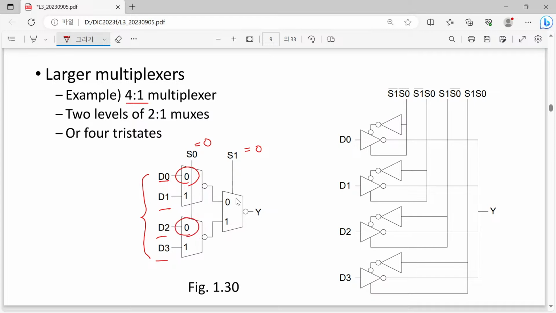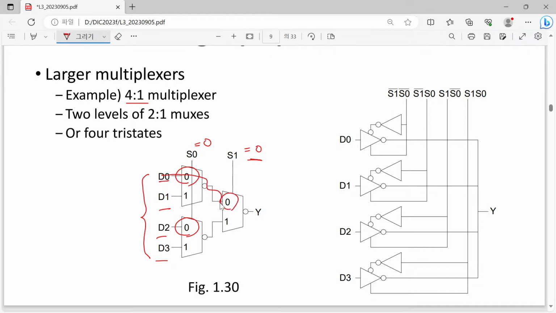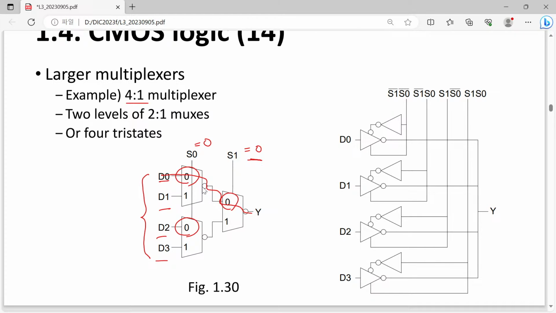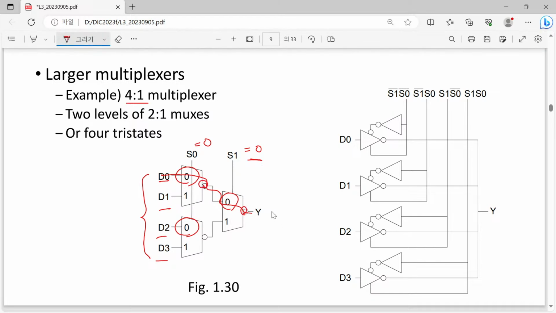And now we have a second level of multiplexer, and still the S1 selected this path. So the activated path now becomes this one, and here we have twice bubbles. So now Y becomes D0 when we have a 0, 0 signal.